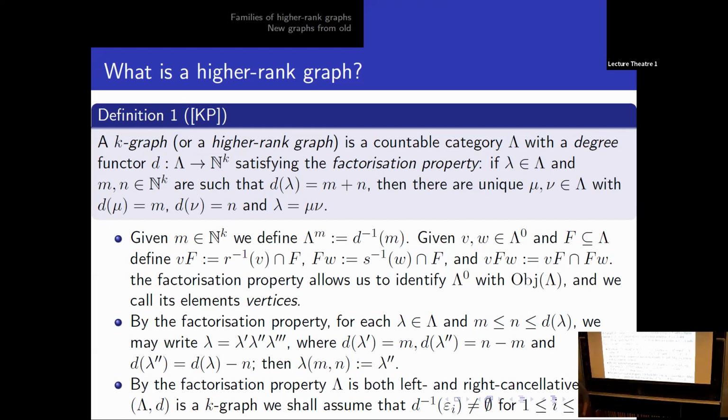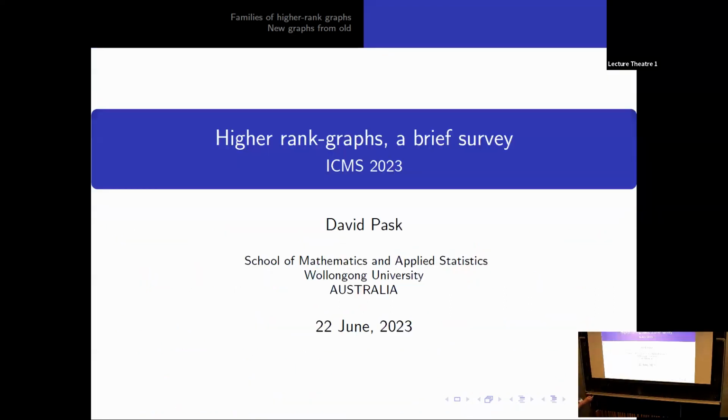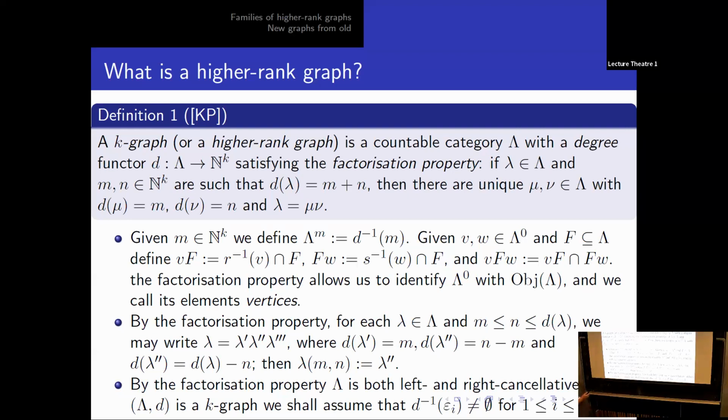So I don't believe there's any difficulty in getting hold of that definition. The point being that the morphisms of degree 0 can be identified with the objects. That's the factorization property. So there's a nice relationship there that comes in very handy.